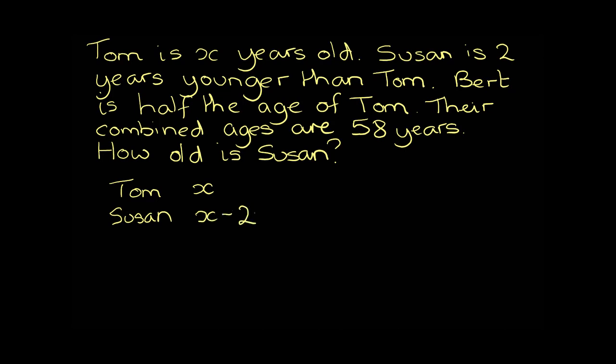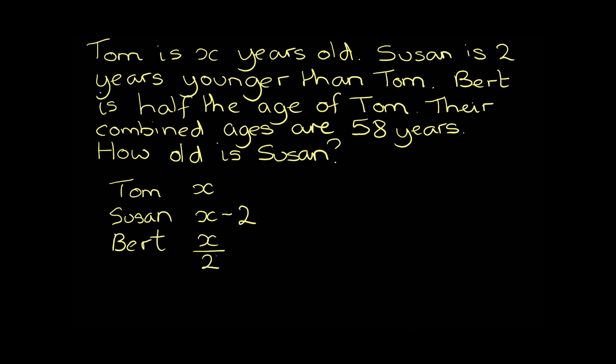Then it goes on to tell us that we've got somebody else in the mix here called Bert. Bert is half the age of Tom. So Tom is X. If he was 6, we would halve that and Bert would be 3. Here we're just going to write this down in algebra. So in algebra, a half of X looks a bit more like a fraction.